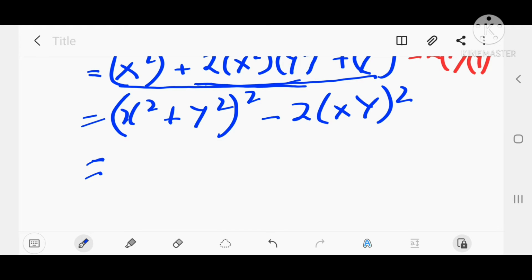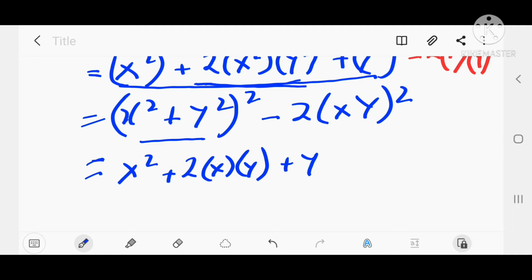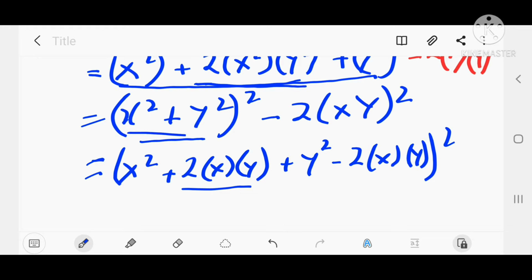We can do the same thing for this, the same binomial expansion. So we have x square, then plus 2xy, then plus y square. But don't forget we negate this, so we have minus 2xy. So all squared. That is for the first term.